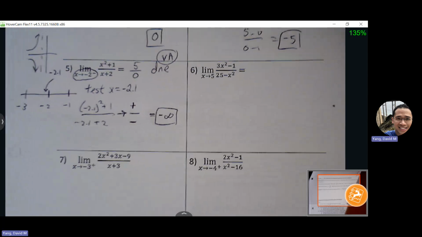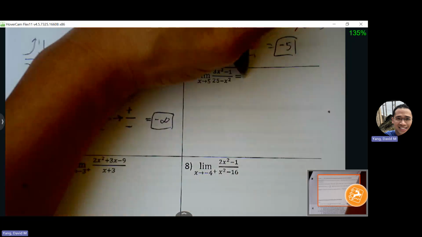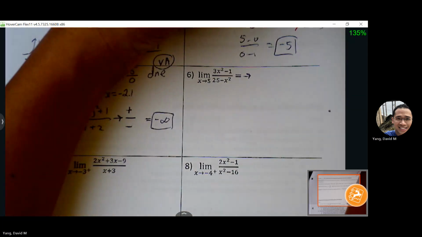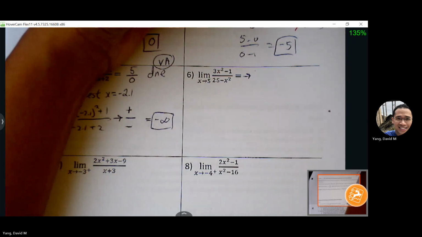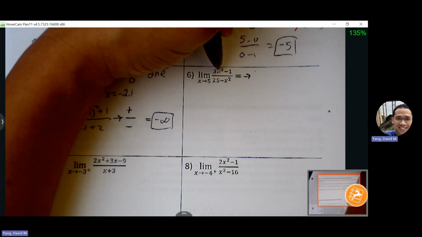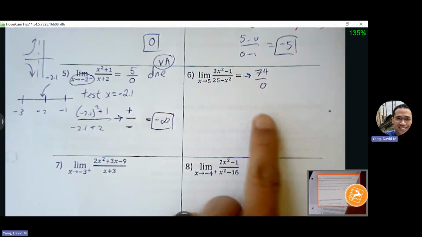Okay. Let's look at number 6. First steps first. So 3 times 5 squared, 3 times 25, 75 minus 174 over 0. What does that tell us?